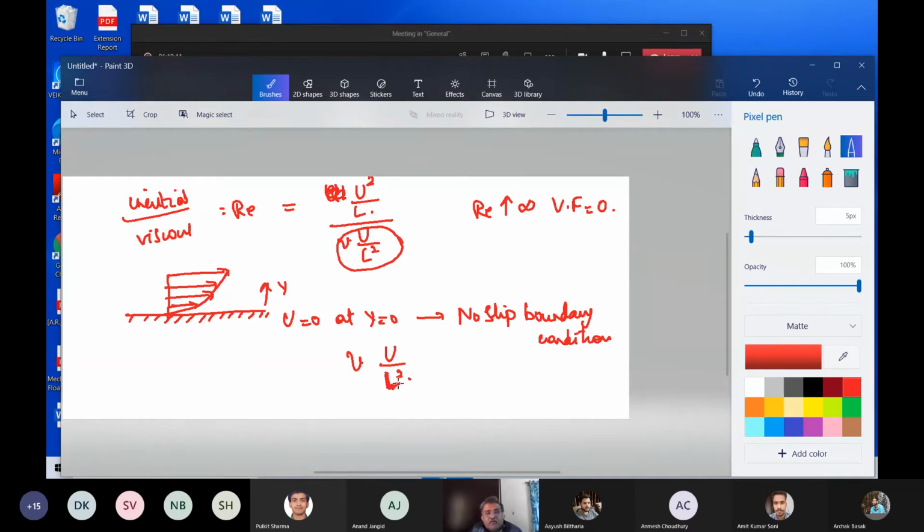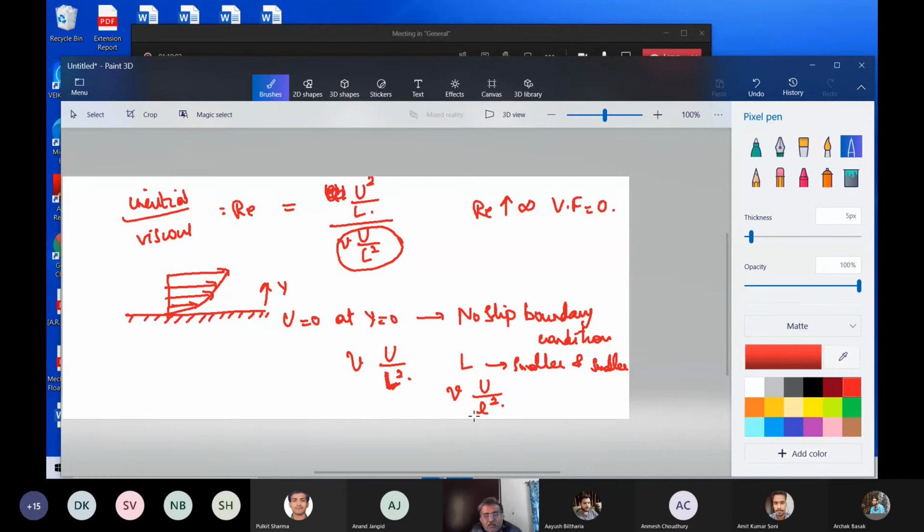L will break down, meaning L will become smaller and smaller, such that this thing becomes nu U by some other L squared.